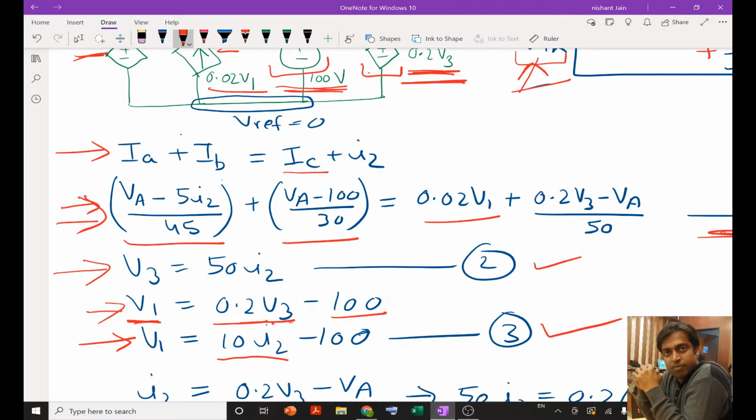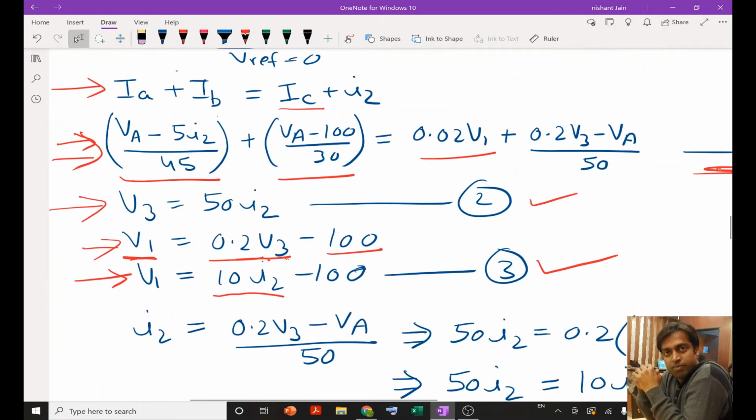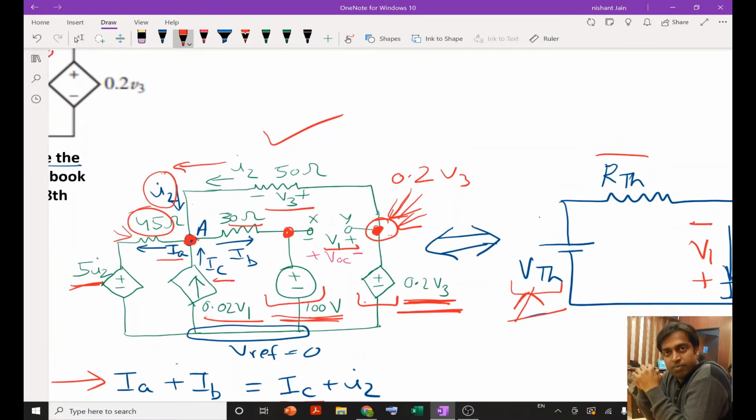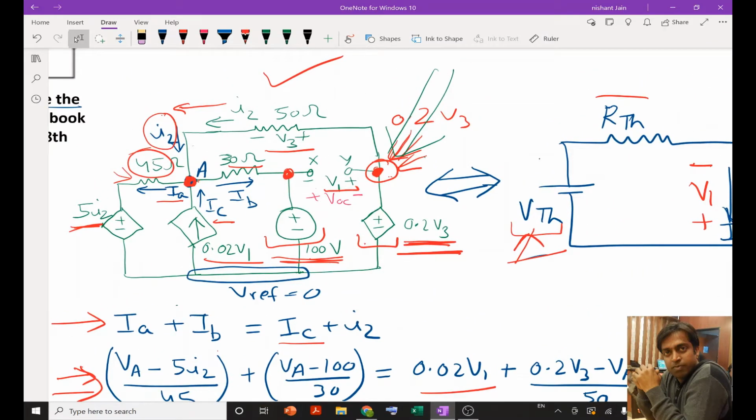Now, what will be the expression for I2? As I2 is the current flowing from this particular node to node A, the current I2 will be 0.2 V3 minus VA upon 50.